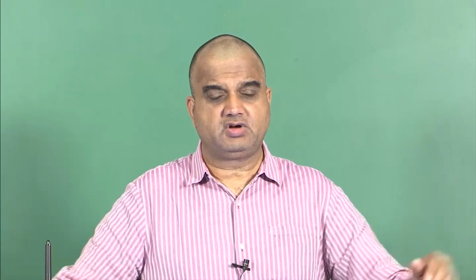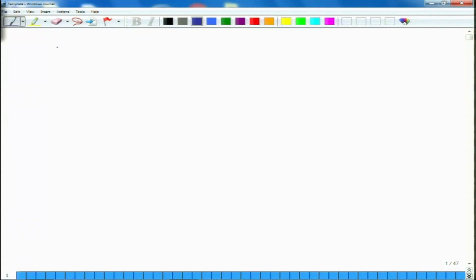Now, this is an idealized case of a plate which is extremely long in one direction and not that long in the other direction. So, this is the geometry of the plate. So, we are going to discuss semi-infinite plates.